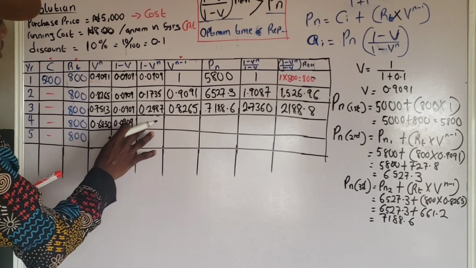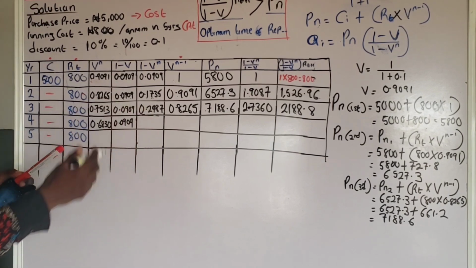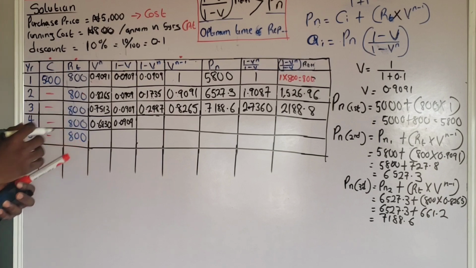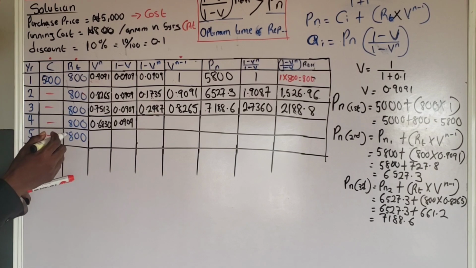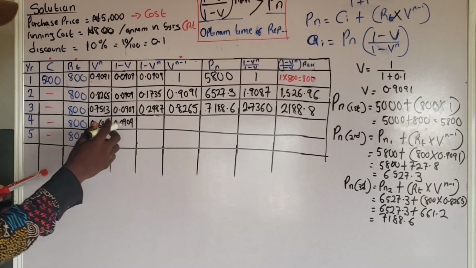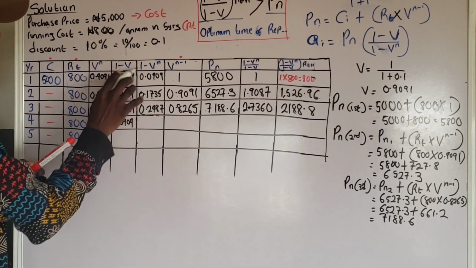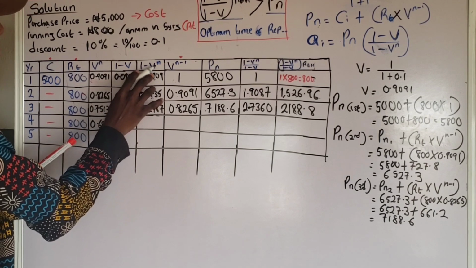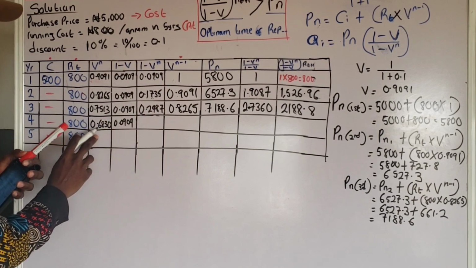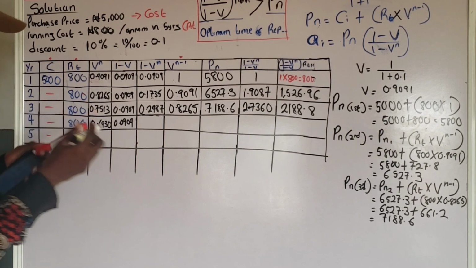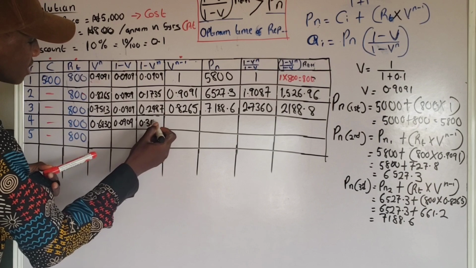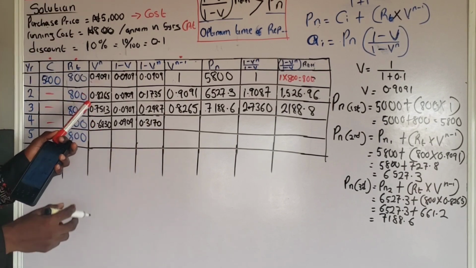Now 1 minus v raised to the power of n is 1 minus 0.6830, that will be 0.3170.